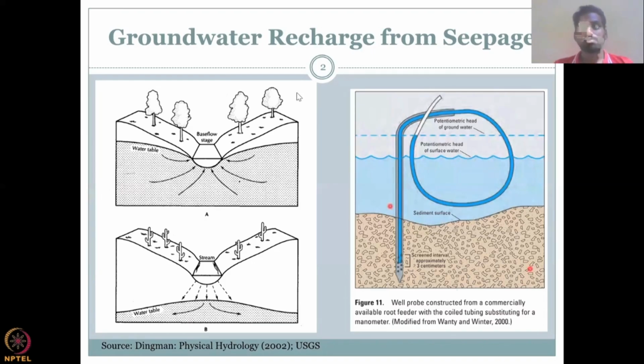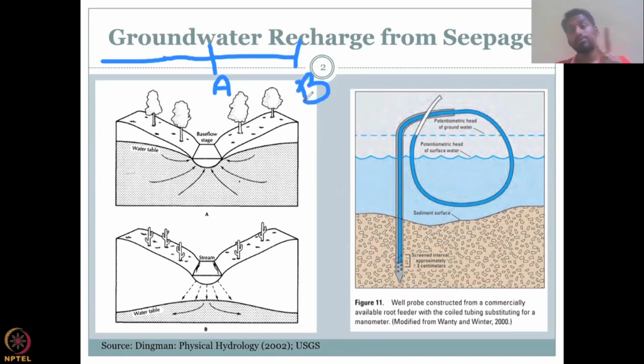The easier way to look at it is, you have a river flowing, and you take a discharge measurement, how much water comes in the river at point A, and take a reading at point B. Okay, you have two discharges now, QA, QB.